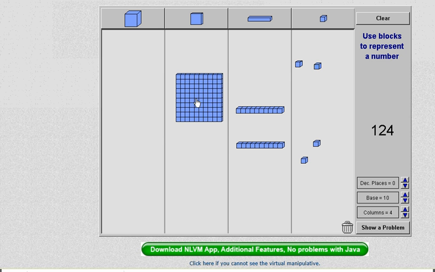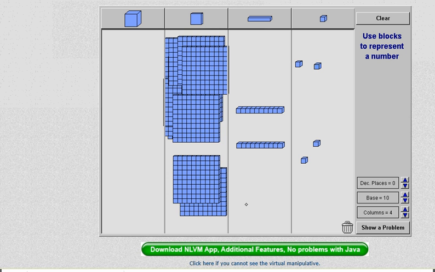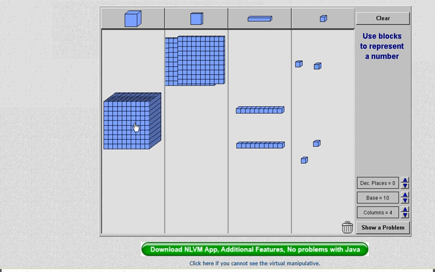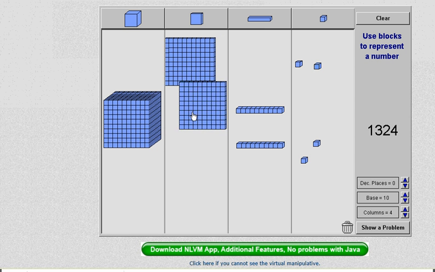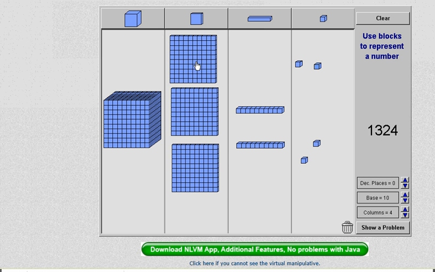What happens if I get 10 hundreds? Let me quickly put in 10 hundreds, or at least 10. There's a couple extra. If I group 10 hundreds, what do I get? 1,000. So here's a picture of 1,324. Again, reminding you that a 10 is really 10 ones grouped together.